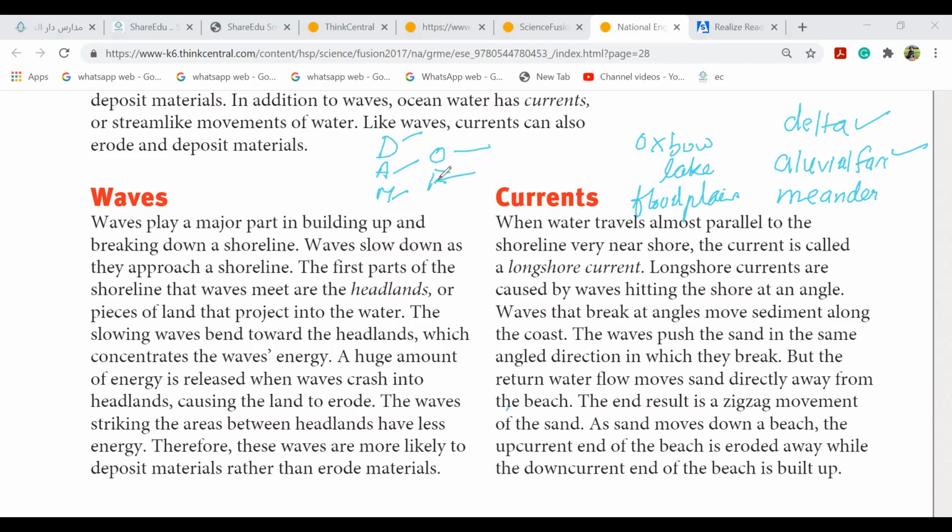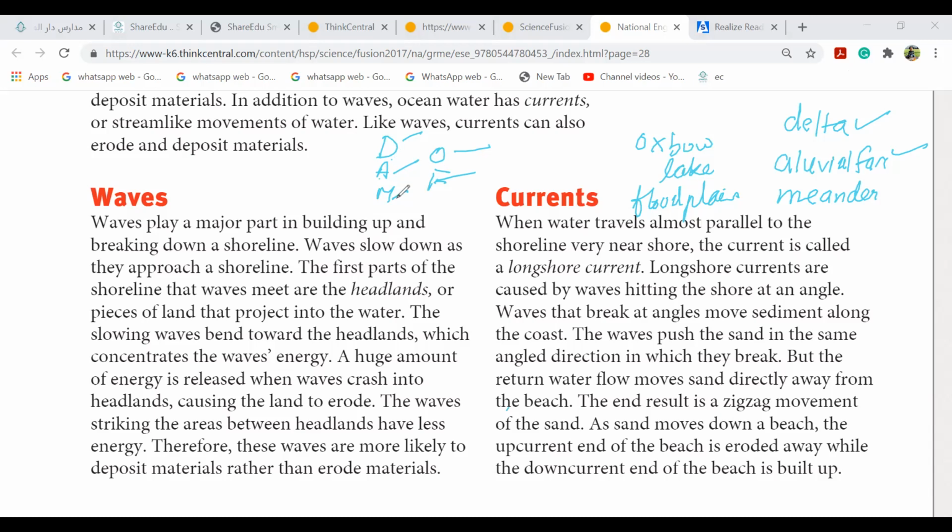Please, can you repeat it with me? What are the features? D for delta. A for alluvial fan.